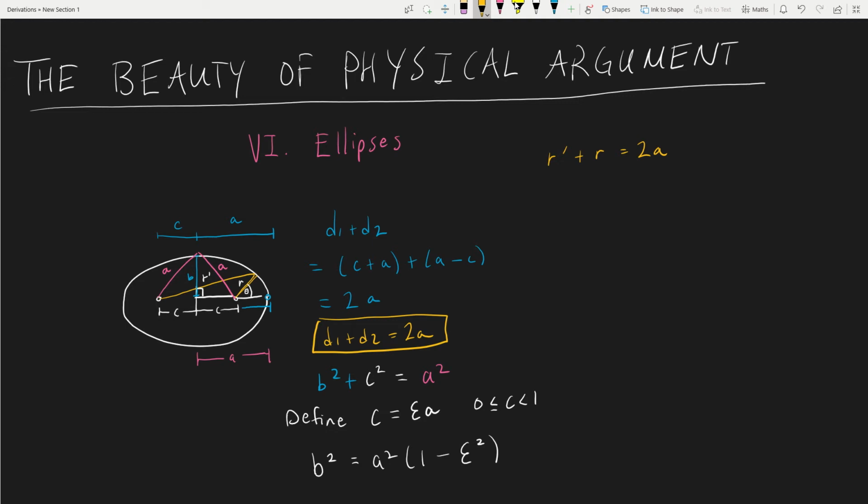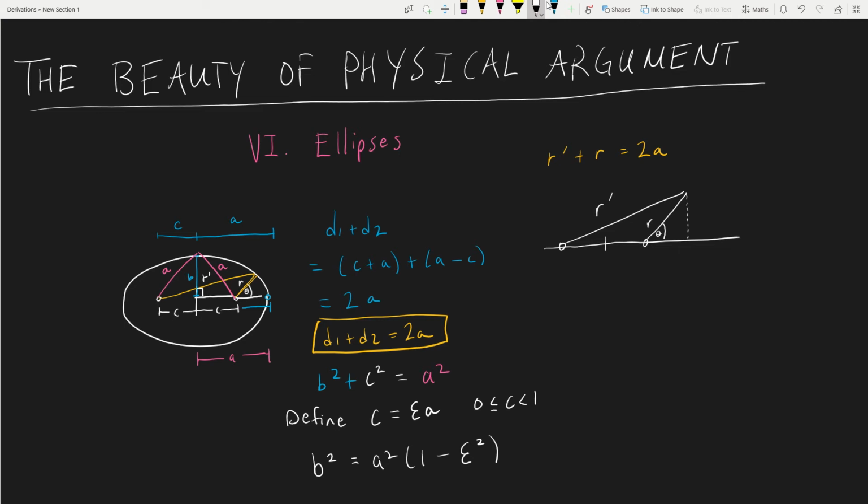Then we can notice something else that's kind of interesting. If I blow this up a little bit, we draw our foci here and here, and we draw our point way out here, for example, and we'll call these r prime and r. Well, we can do a little bit of trig. We know that this is theta.